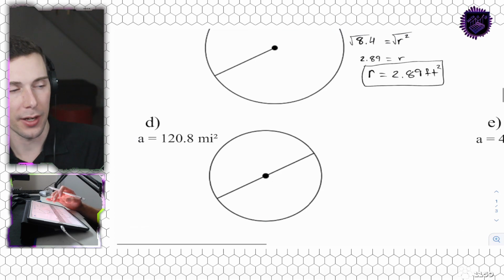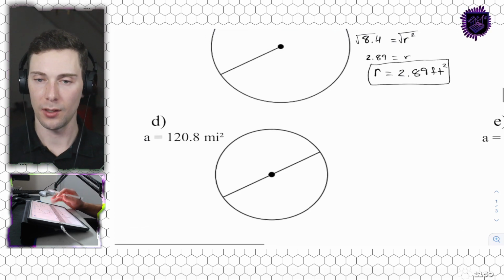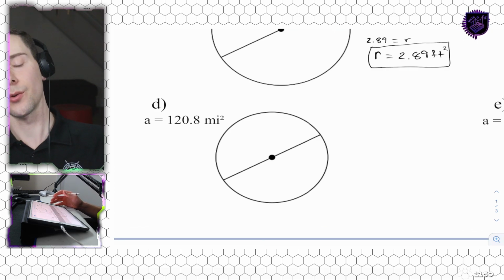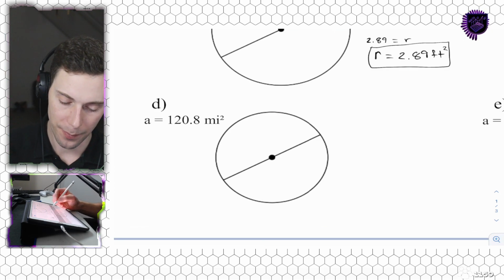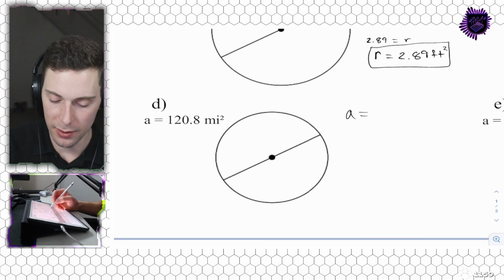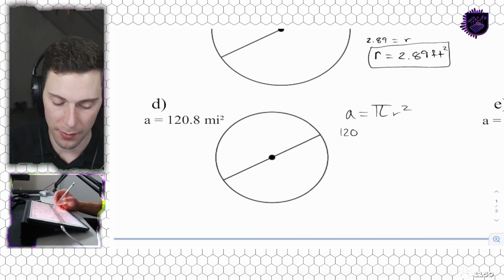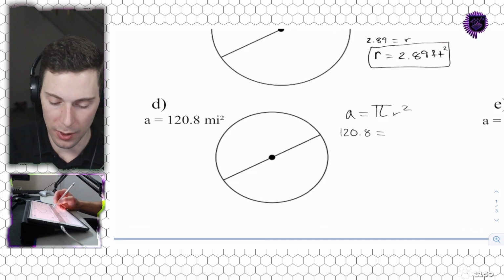All right, so 4D, same routine. Let's type in our known values. Area is equal to pi times radius squared. We know the area is 120.8. We know pi is 3.14, and we know it's multiplied by the radius squared.